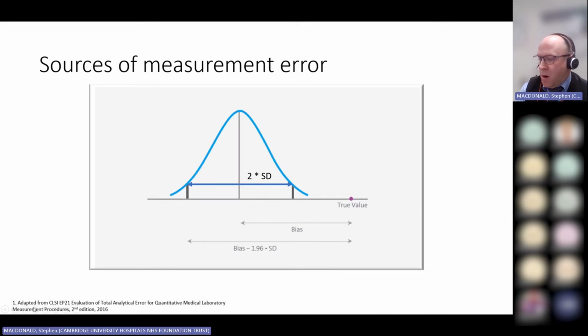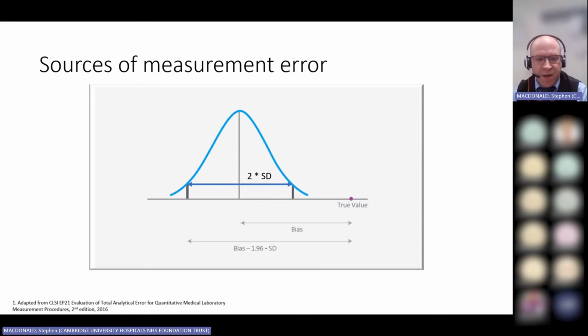On the diagram here, which is adopted from the CLSI EP21-A guideline, if you imagine our ultimate goal is to try and measure this true value over here on the right-hand side in the purple dot. By trying to implement a measurement process, we're then trying to determine what the value of that true value is. But we accept there's always going to be some source of error within there, and there's going to be multiple sources of error within there.